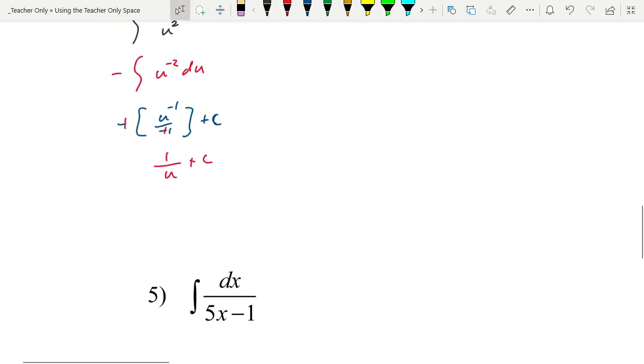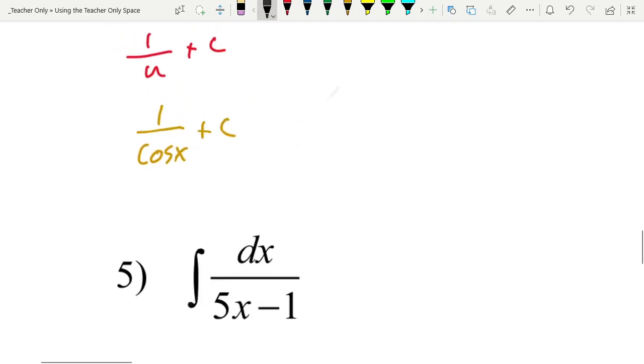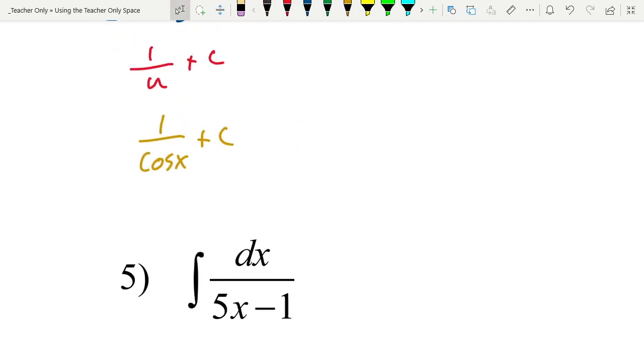So we're just going to pop back here, and we're going to say this is the same thing as 1 over cosine x plus c. And that should trigger in our brain. We're like, we don't write trig in the denominator. We're going to go ahead and rewrite that using its reciprocal trig. So 1 over cosine is the same thing as secant x plus c.